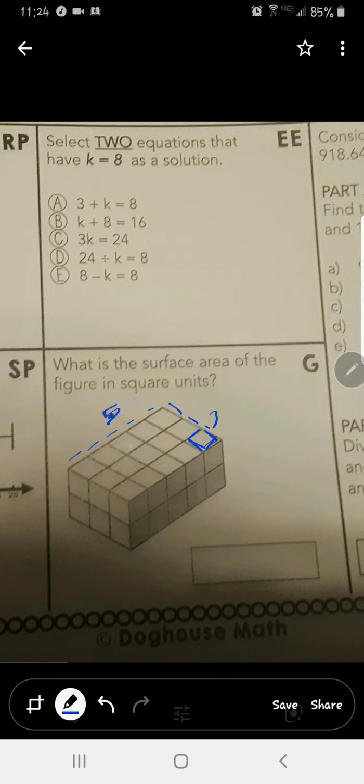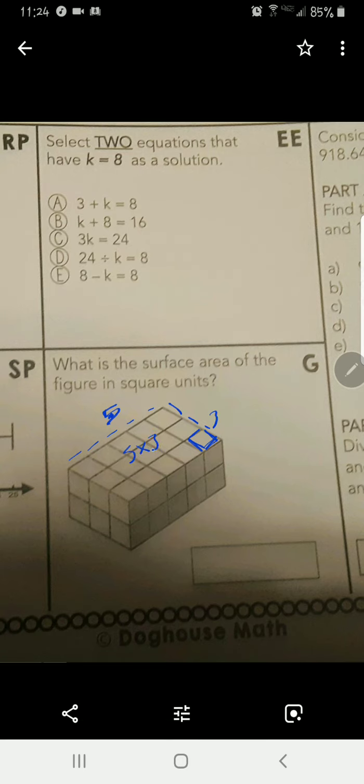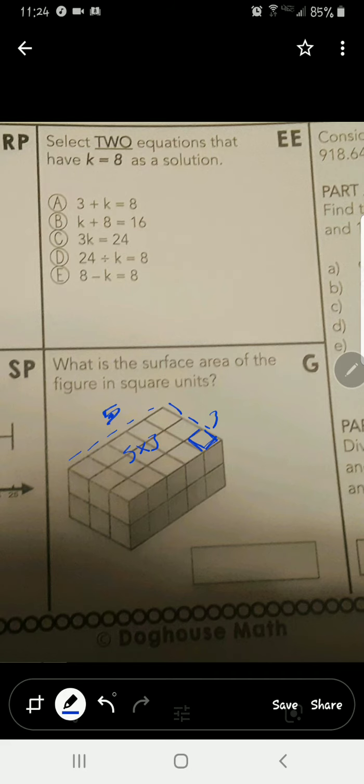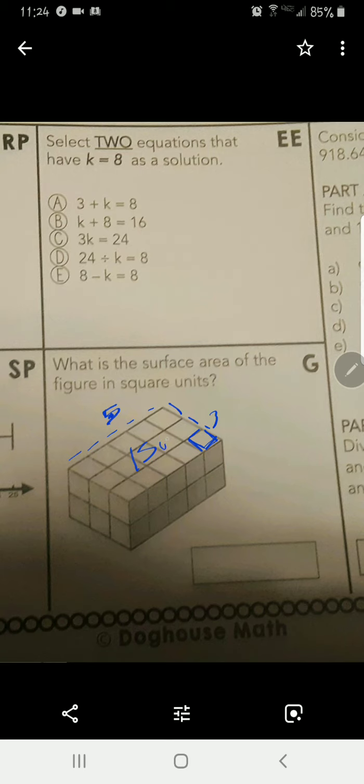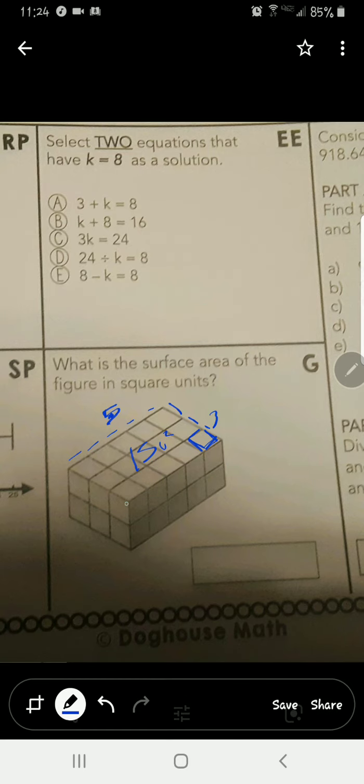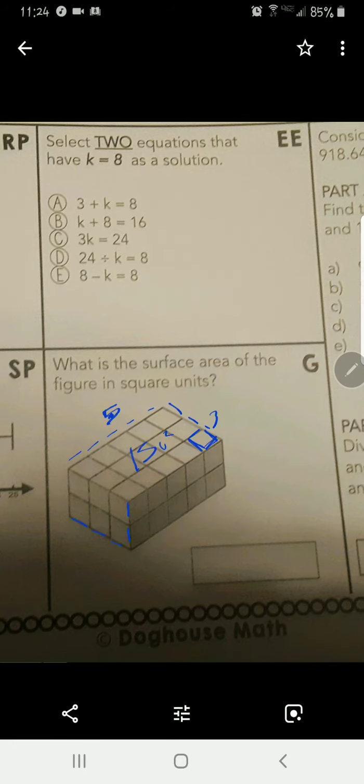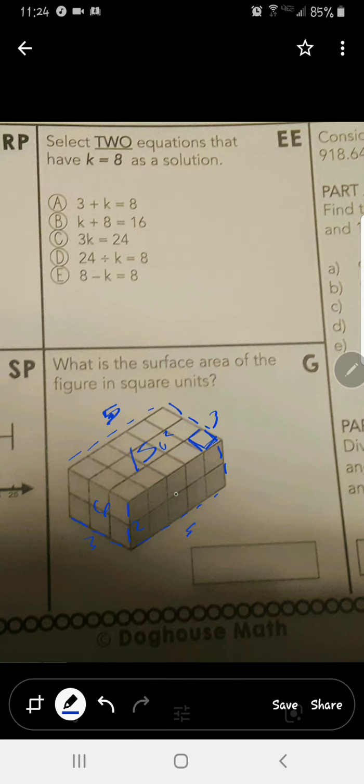So that is 5 by 3 square units, which makes it 15 square units. This one, 1, 2. 1, 2, 3. 3 times 2 is 6. This one is 2 by 1, 2, 3, 4, 5. So 2 times 5 is 10.